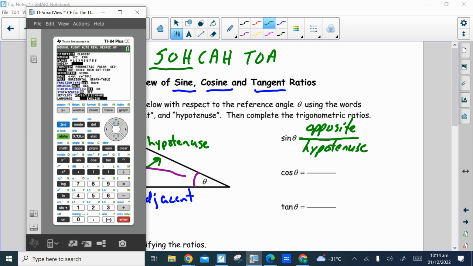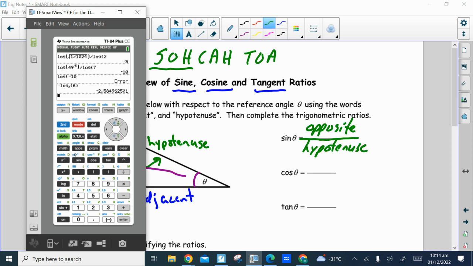Other calculators will have a DRG button that you have to press to make sure you are in degrees. So you should see DEG probably noted in your window on your calculator when it's on. And then once we do that, we can go ahead and do this. So just to make sure your calculator is in the right mode.